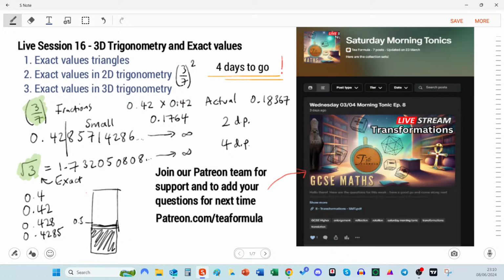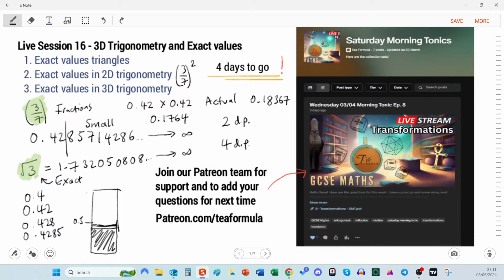So by rounding it before the end, my answer is kind of bad. If I rounded it to 2 decimal places right now, I'm 1 out. And the examiner might think, oh, we got that wrong. So we miss out on an accuracy mark.